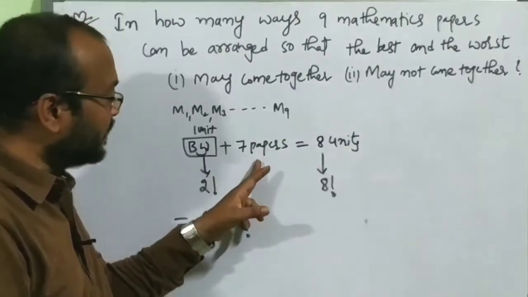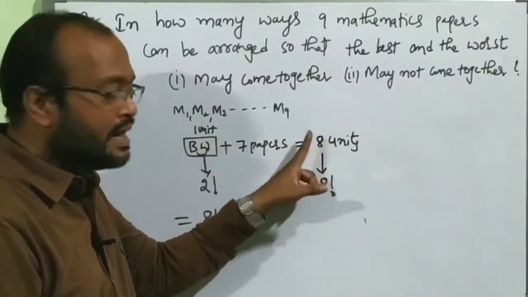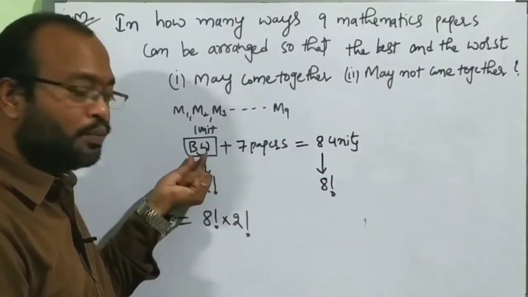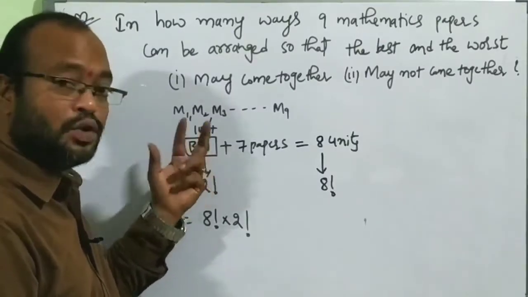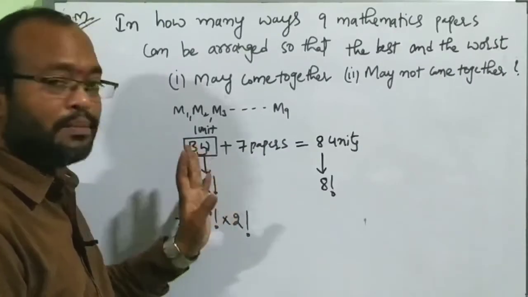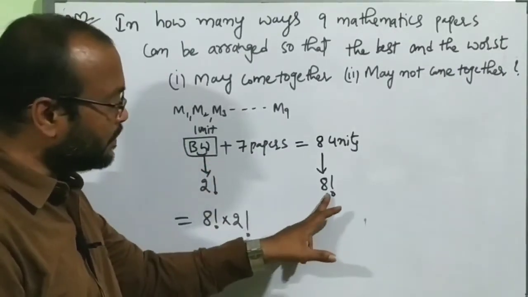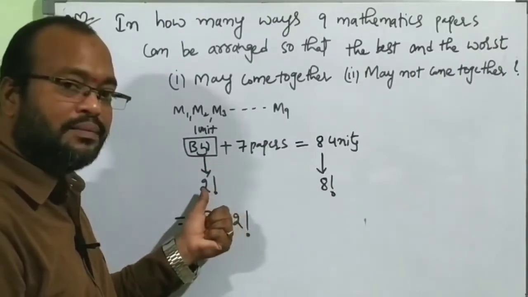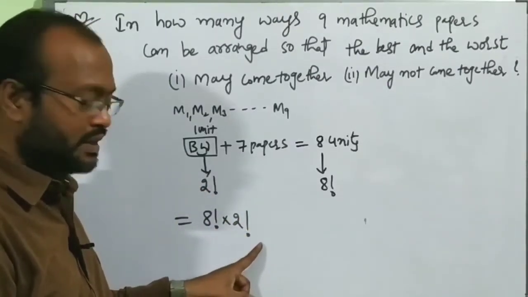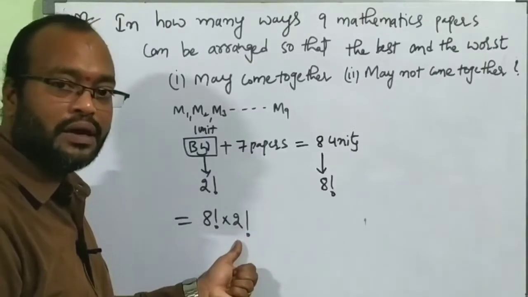So total 7 plus 1, total 8 units. 8 units can be arranged in 8 factorial ways. Now in these 2 papers, best and the worst, again we can arrange in 2 factorial ways. So total by the fundamental principle, if the first work can be performed in m ways and the second work can be performed in n ways, 2 works simultaneously can be performed in m into n ways. So 8 factorial into 2 factorial ways.